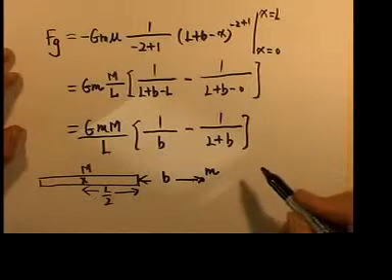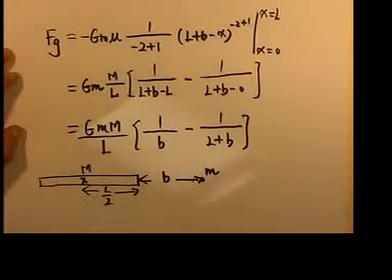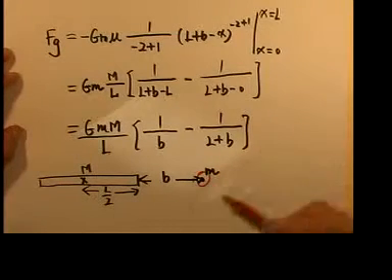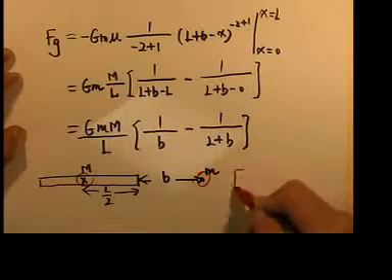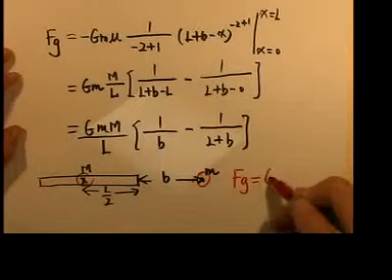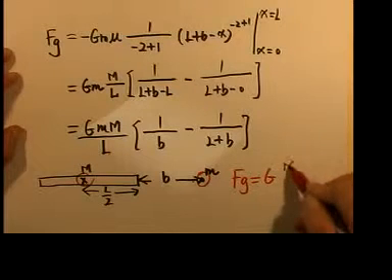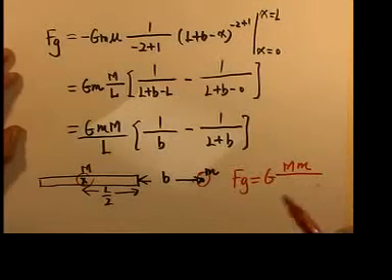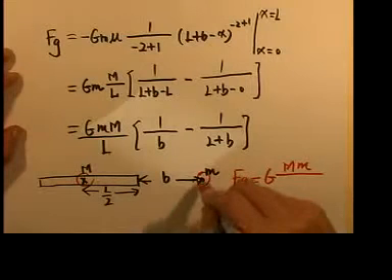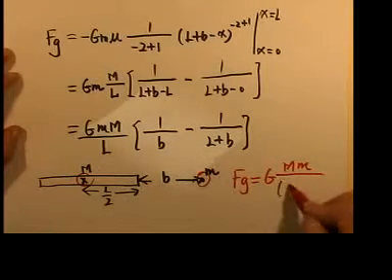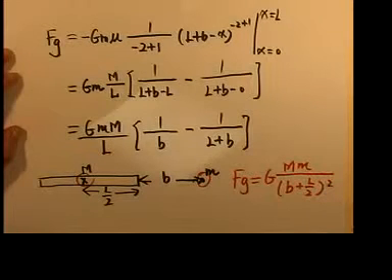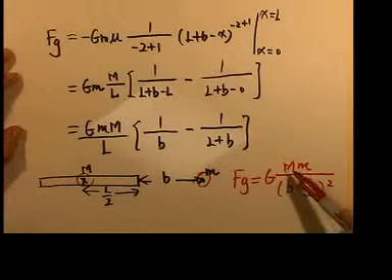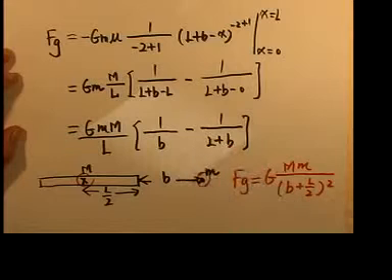If we directly apply Newton's law of universal gravitation between this point mass and that point mass, we have F_G equals capital G, capital M, little m, over the distance, which is little b plus half L, squared. Now obviously, this is completely different compared to that one.